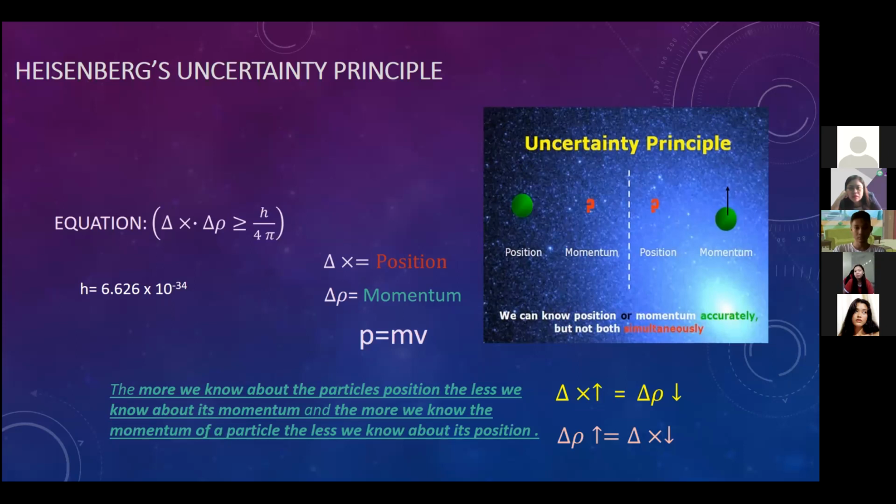And the more we know the momentum of a particle, the less we know about its position. We can see here the figure at the right side, the uncertainty principle. The position will be multiplied by momentum. Why? Because we cannot know position and momentum accurately at the same time.